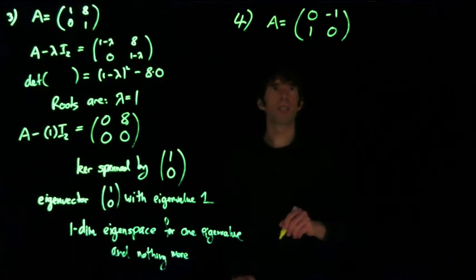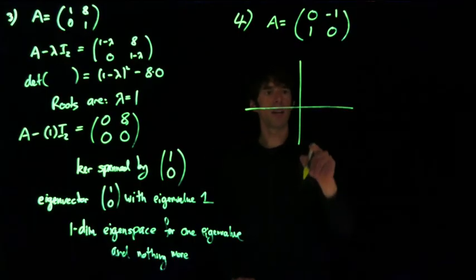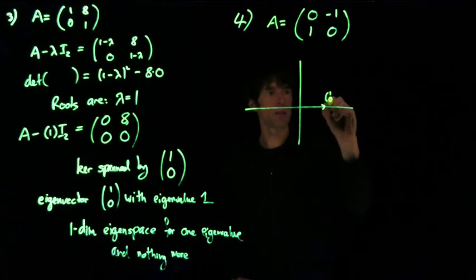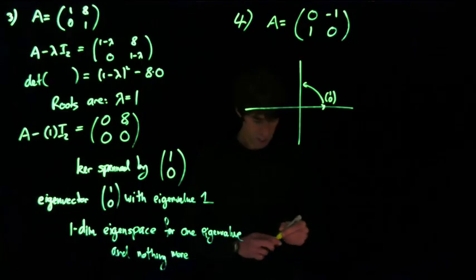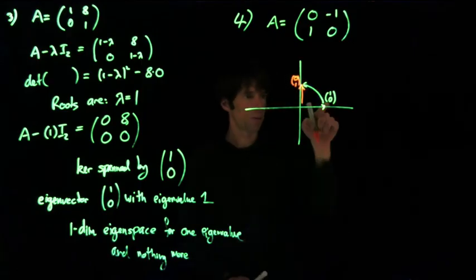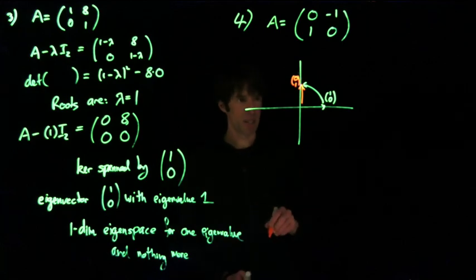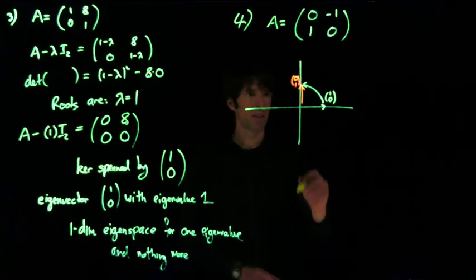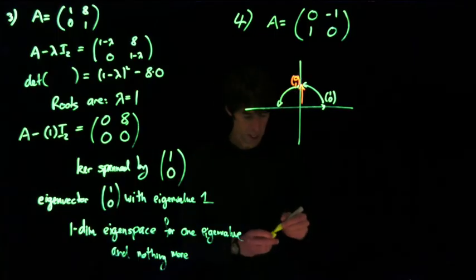If you work this out geometrically, the first unit vector, 1, 0, is sent up here. The first basis vector is sent to the second standard basis vector. And what about the second one? Well, this guy up here is sent to this one over here.